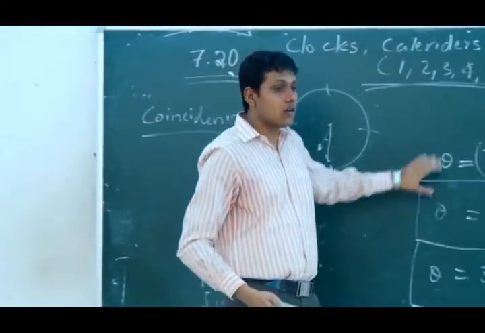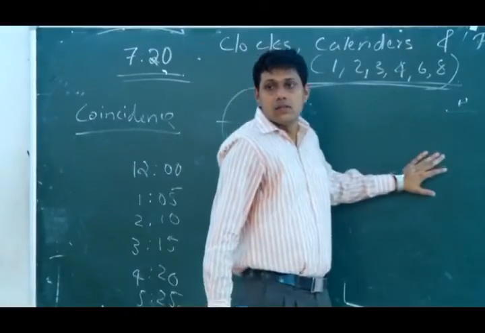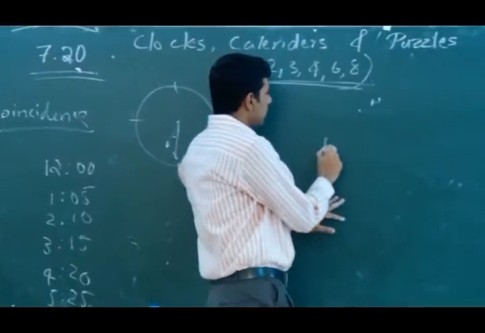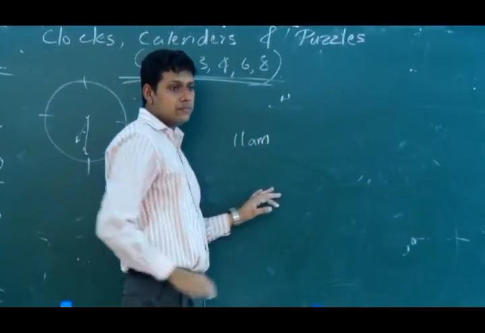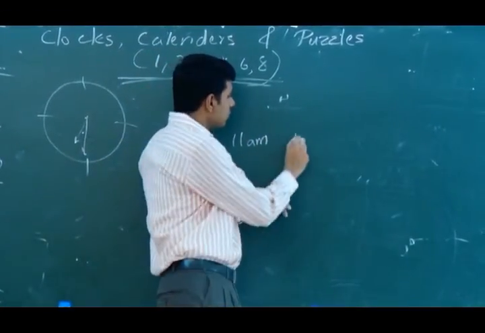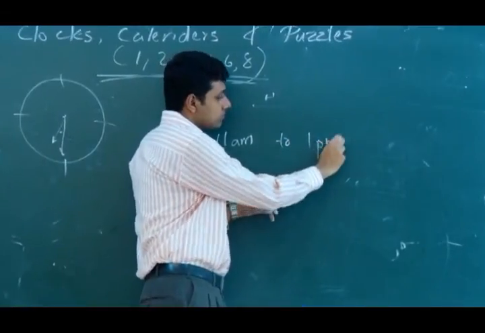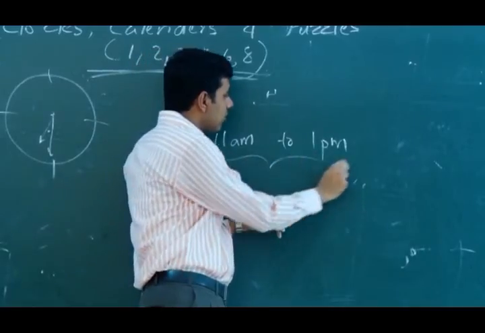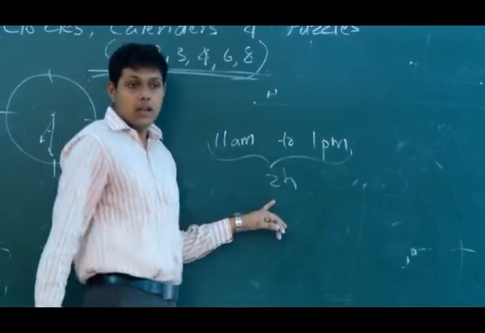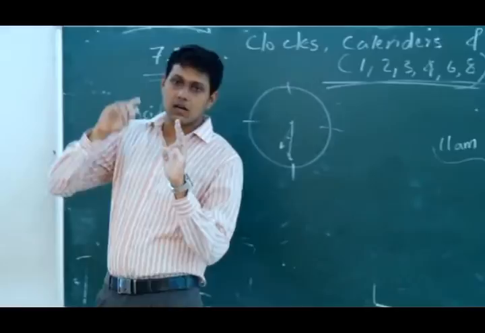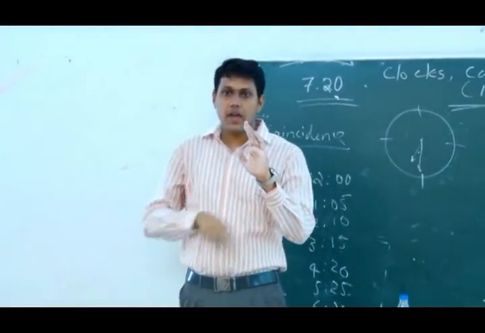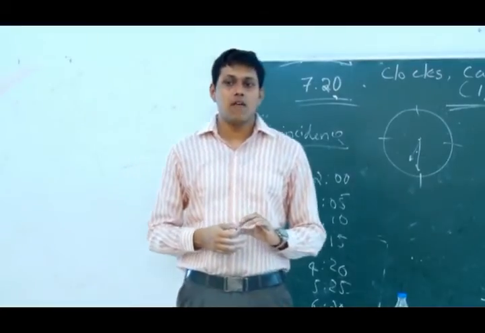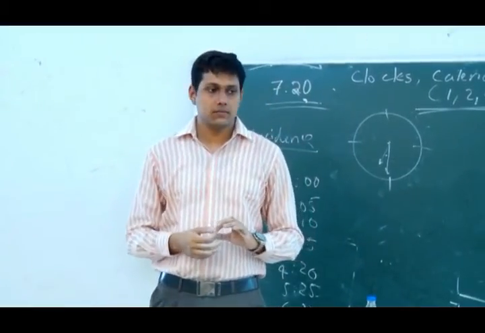Now you noted this formula, right? So okay, imagine a clock. The time is 11 a.m. to 1 p.m. So this is a duration of 2 hours. Imagine the clock at 11, it's moving ahead, 12, 1. How many times do the hour hand and the minute hand coincide?